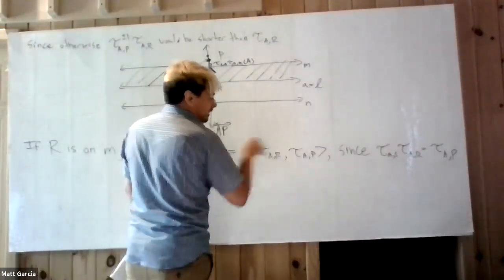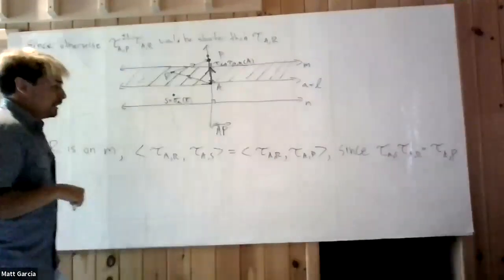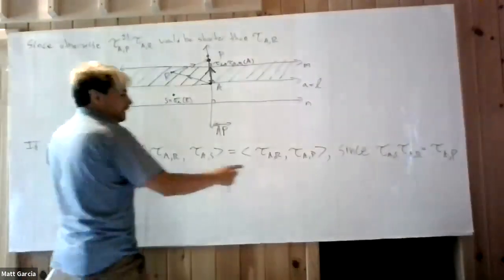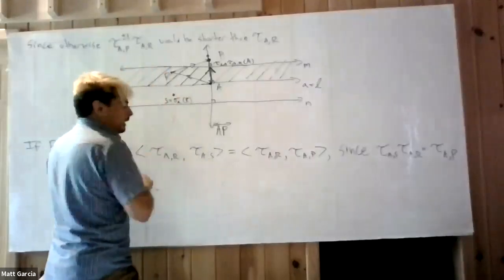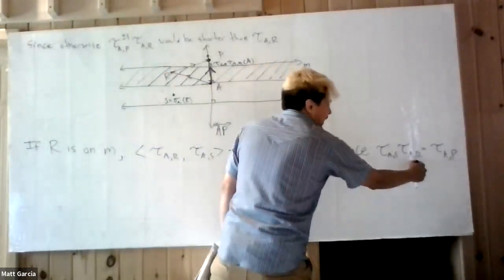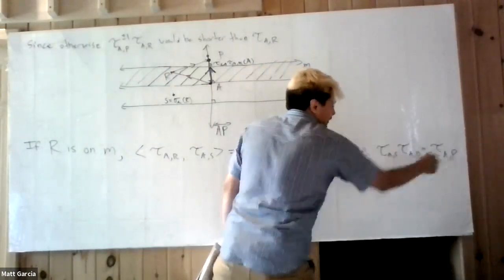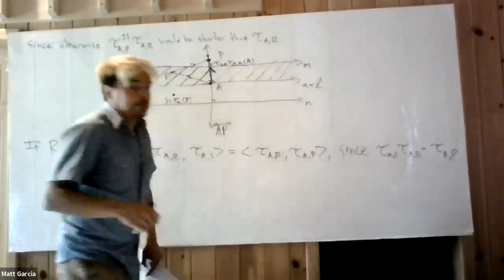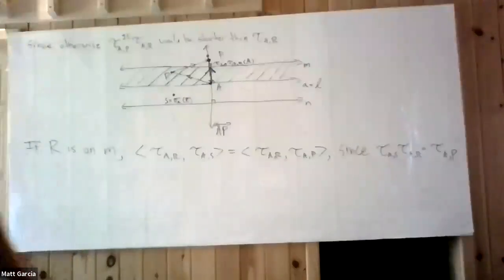So I can replace this as a generator. Basically, I can recover tau sub A comma S just by multiplying on the right both sides of this equation, tau sub A comma R inverse. Okay.